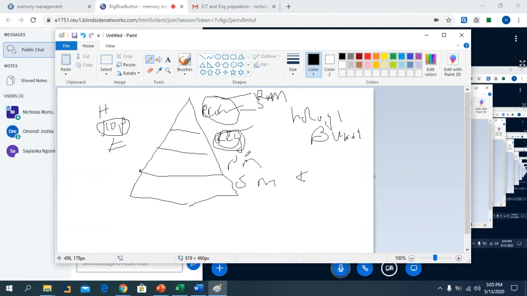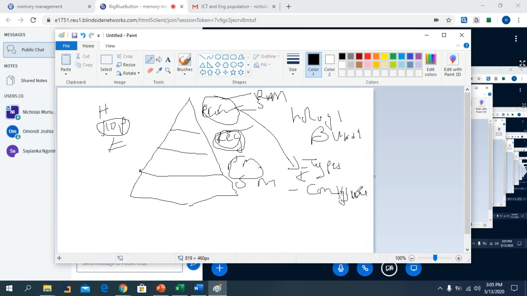So I think primary memory, you know it because I have explained the cache memory. At the end of this, I want you to research the types of cache memory and the types of configuration of cache memory.